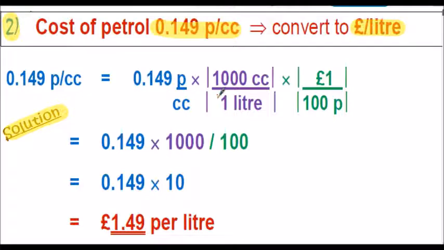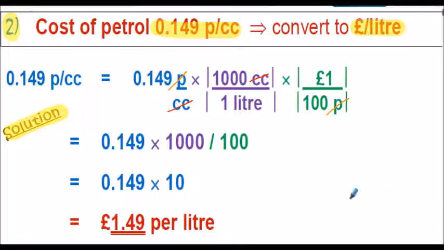Again, we're cancelling the cubic centimetres denominator here with the cubic centimetres in the numerator. And we also have to convert the pence into pounds. So again, the unity bracket here, £1 is 100 pence. Pence is in the denominator here to cancel with the pence in the numerator here. So this pence cancels with this pence, and that will convert the unit into pounds per litre.